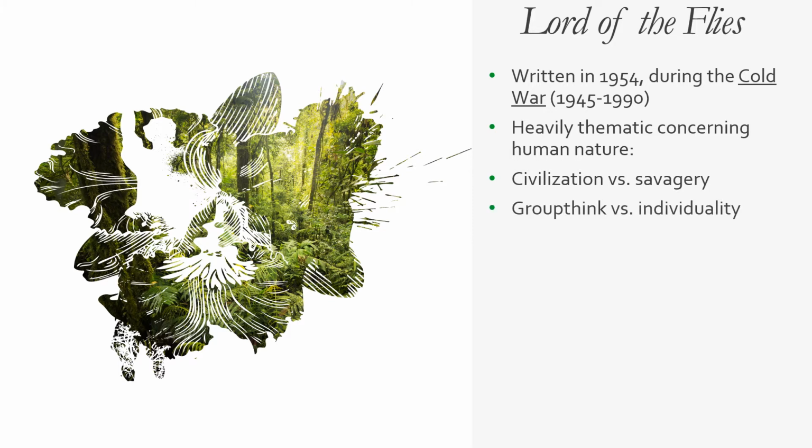Another thing we can talk about is something called groupthink versus individuality. This is important because in the situation of the story, we see characters who are put into a situation where they have to either cooperate with one another or go against one another. The idea of groupthink is something you see quite often in big businesses and major corporations.